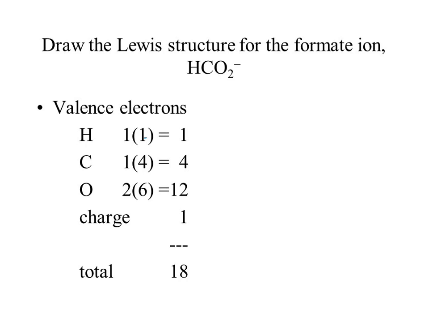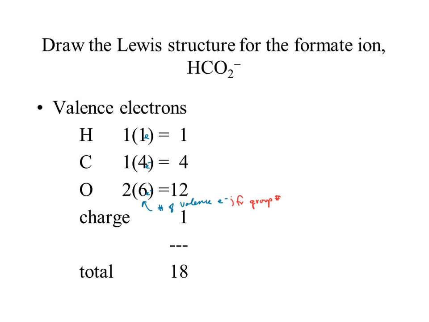Carbon, there's one of them, group number 4. Oxygen, there are 2 of them, group number 6. The number in parentheses is the number of valence electrons, and you get that from the group number.